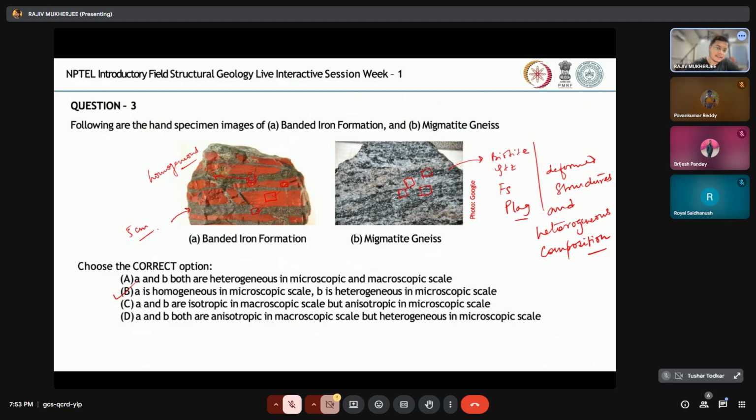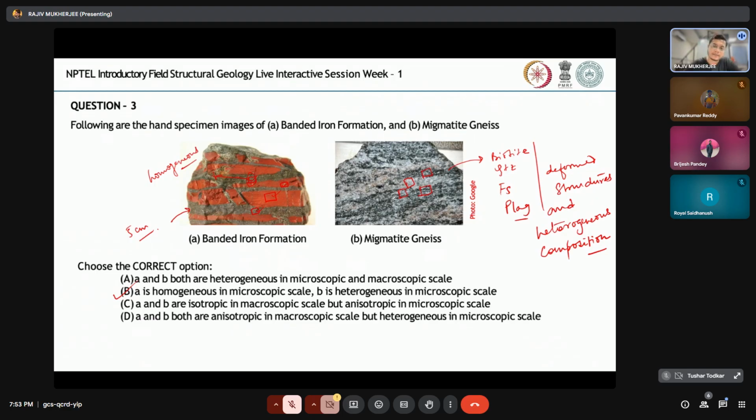So since it is not that case, anything that has certain deformation like gneiss, it is intensely deformed and foliated. That means that if you prepare thin sections, you will also find signatures of deformation within each and every mineral grain.